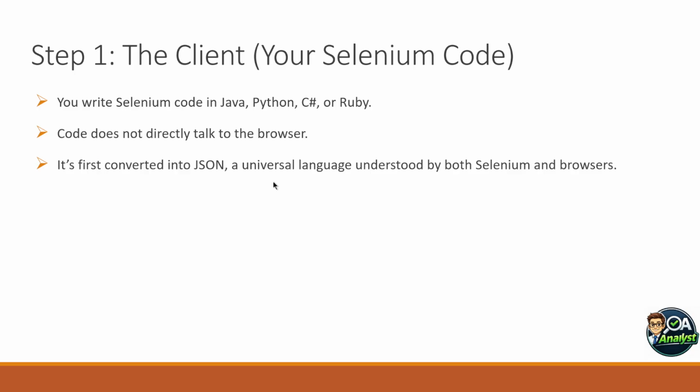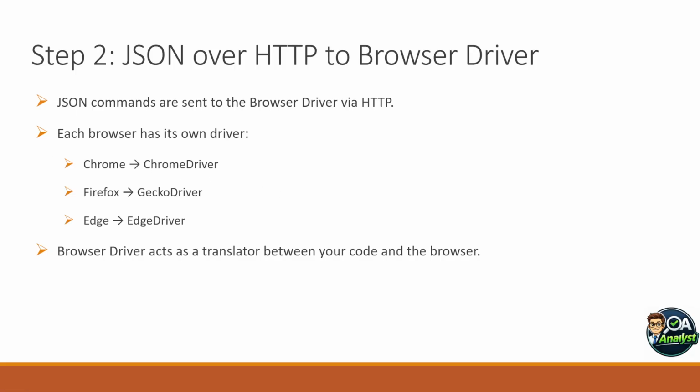Okay, let's move to the next component, that is JSON over HTTP to the browser driver. Once the code is converted into JSON, these commands are sent to the browser driver through the HTTP protocol. Remember, each browser has its own driver.